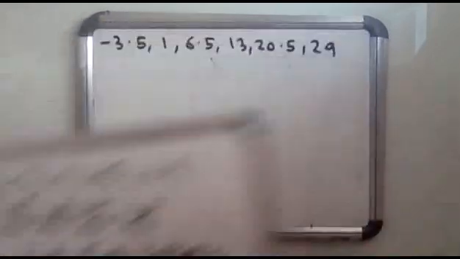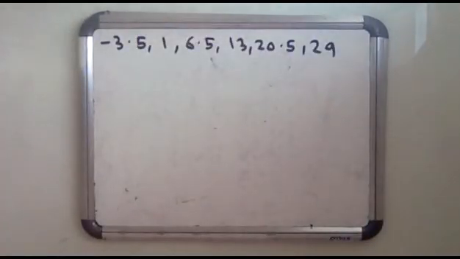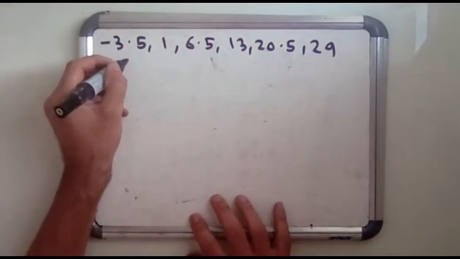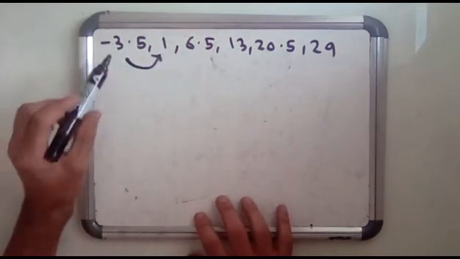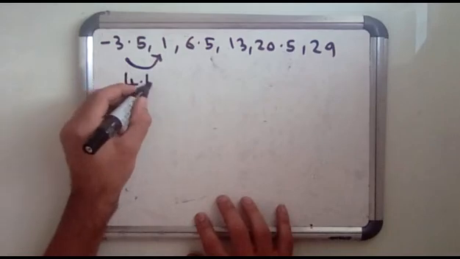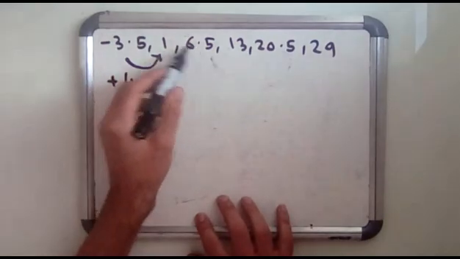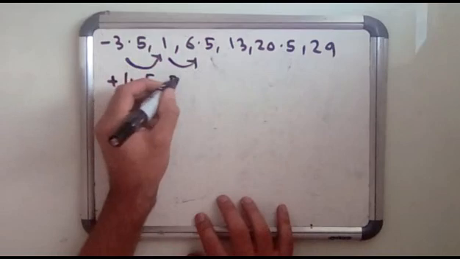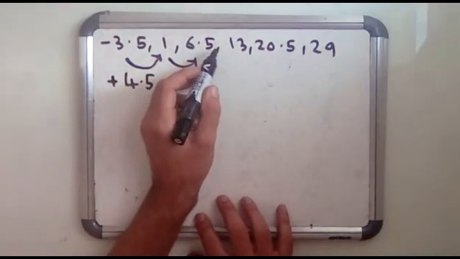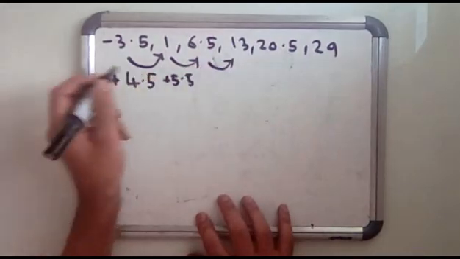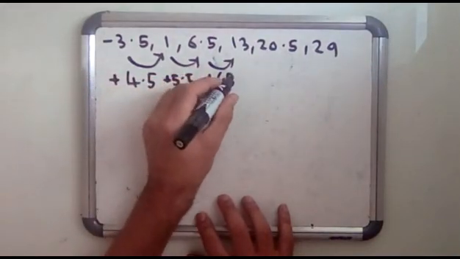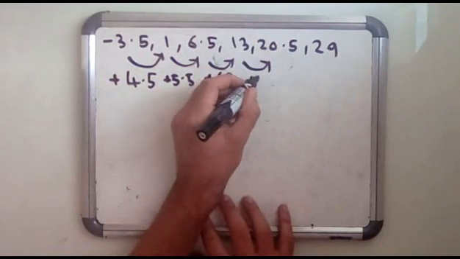Right, the second sequence, -3.5, 1, 6.5, 13, 20.5 and 29. Now these are a bit more tricky, but remember, if you're not sure, just do 1 minus -3.5, that's 4.5 and it's positive. 6.5 minus 1 is 5.5, 13 minus 6.5 is 6.5, and 13 to 20.5 is plus 7.5.